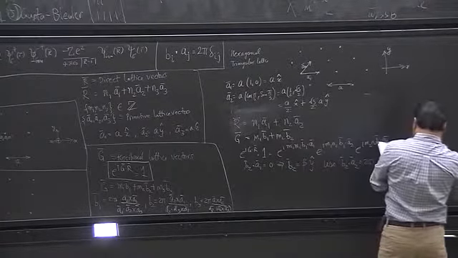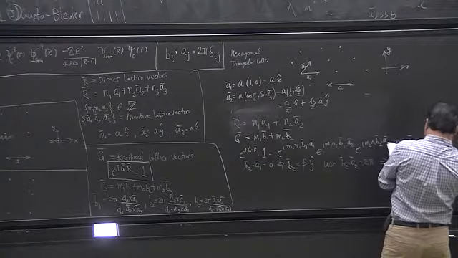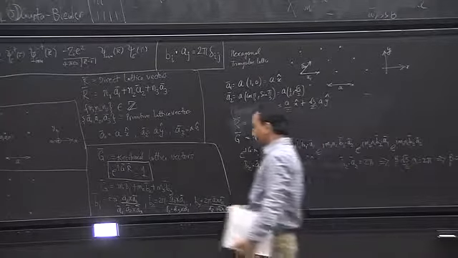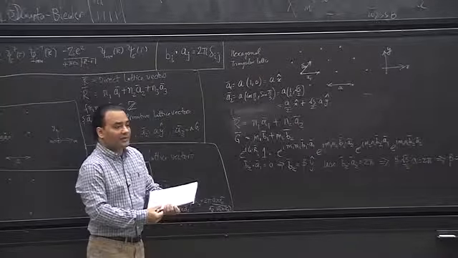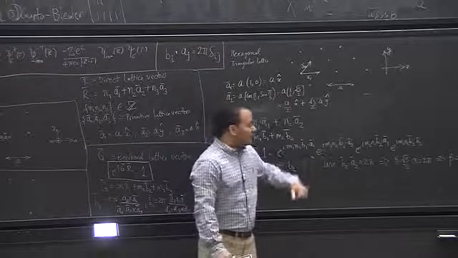This implies that beta is 4 pi over square root 3 A. Right? So I just use this formula to calculate B2.